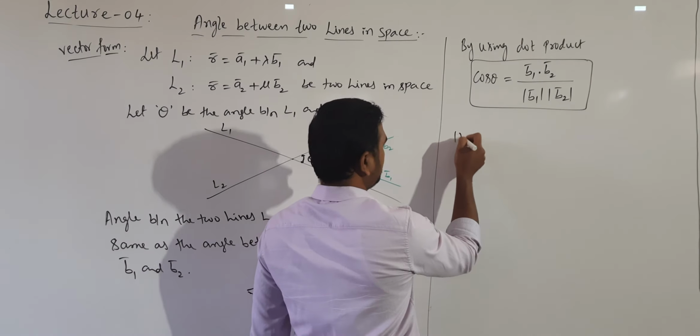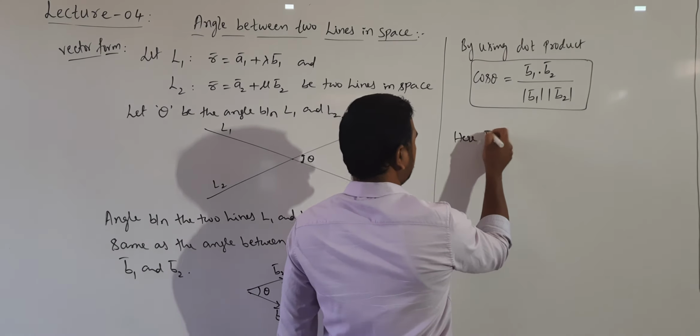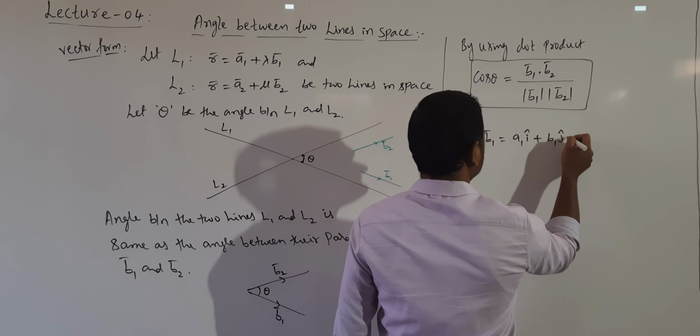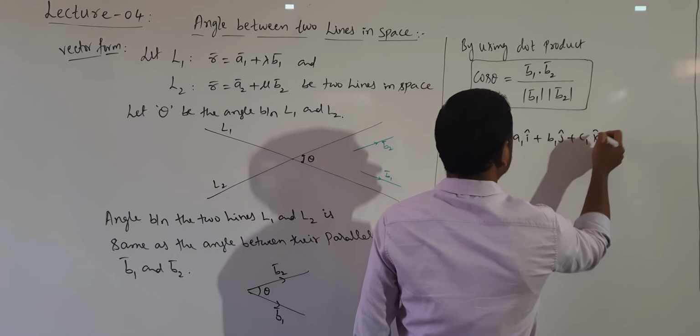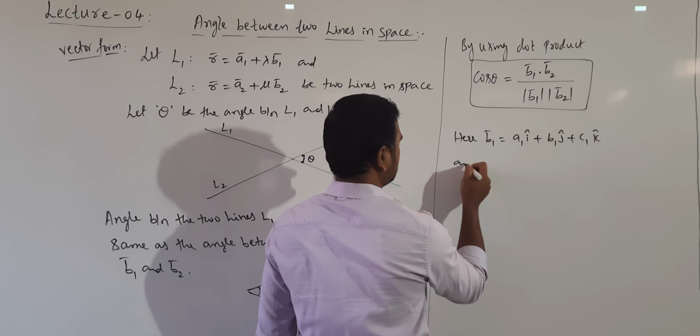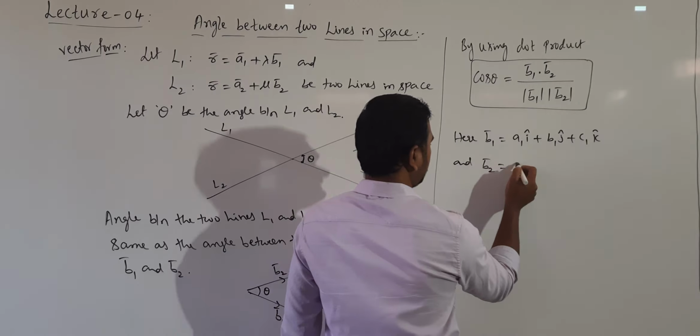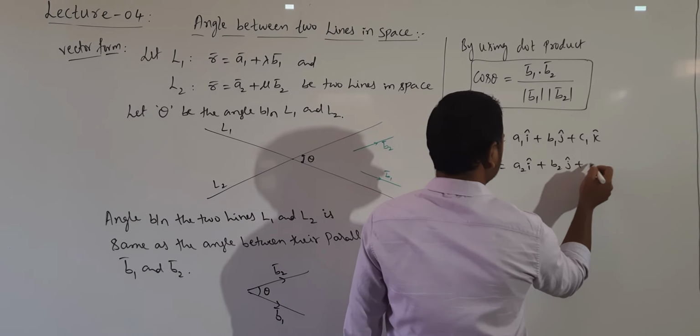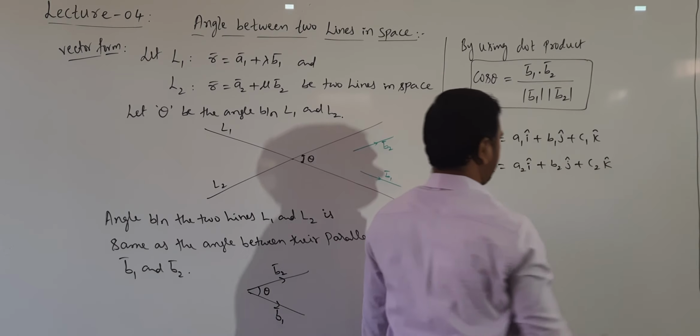So here b1 bar I can take as a1i plus b1j plus c1k. Next, b2 bar I can take as a2i plus b2j plus c2k.